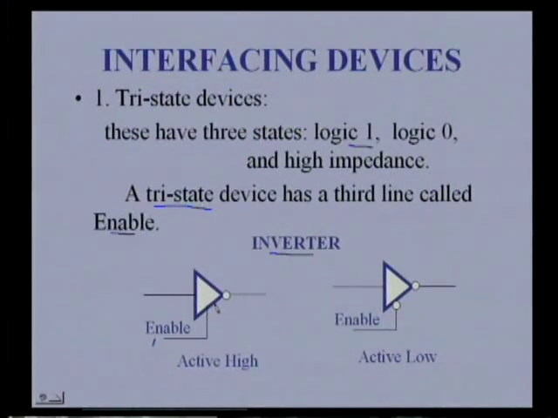If we place 1 here, that is logic high, then this particular device works as a normal inverter. That is, if you put 0 as input, 1 will be the output, and if you put 1 as input, you will get 0 as the output. And we can also have this tri-state device with active low enable input. In this case, this enable pin must go low to activate the inverter.